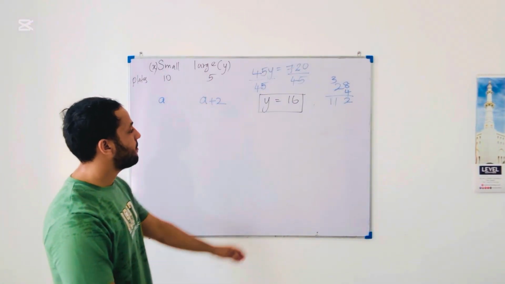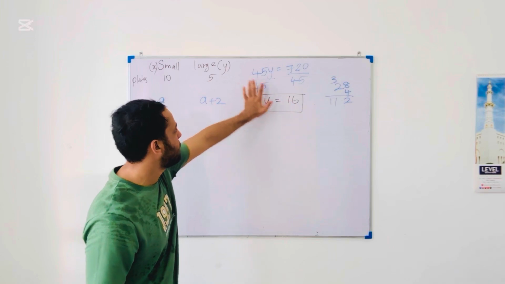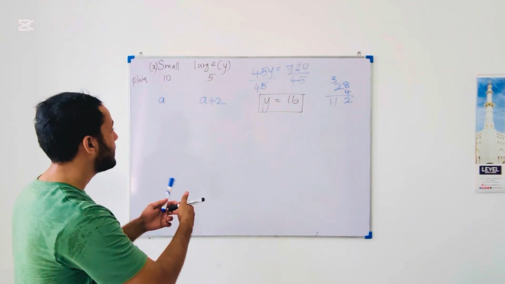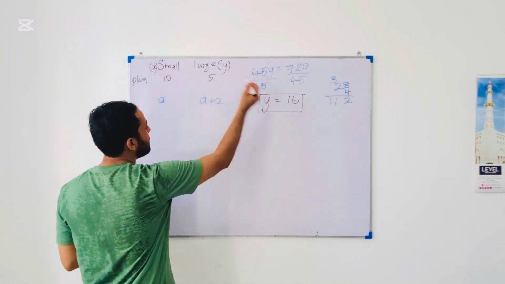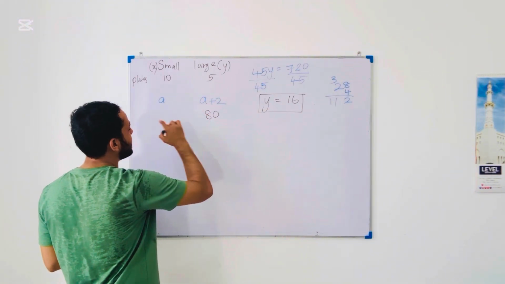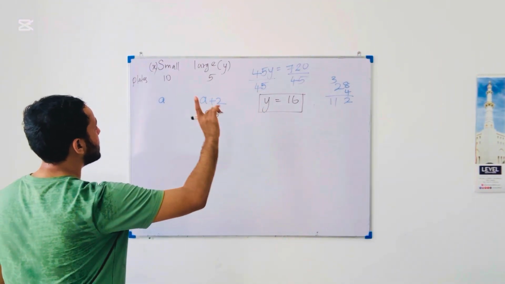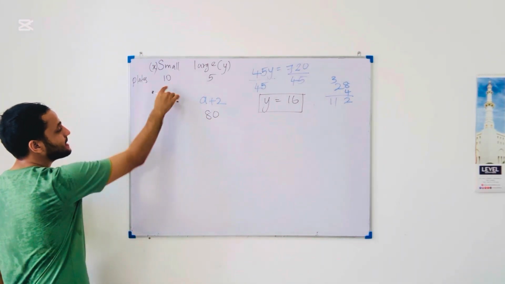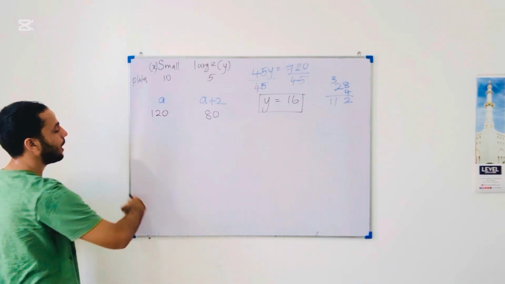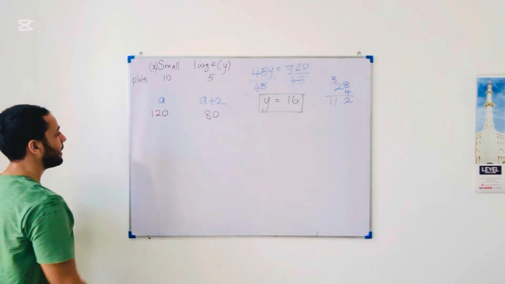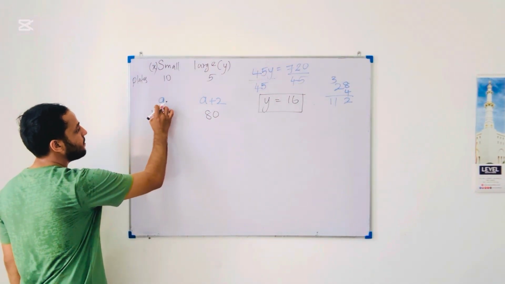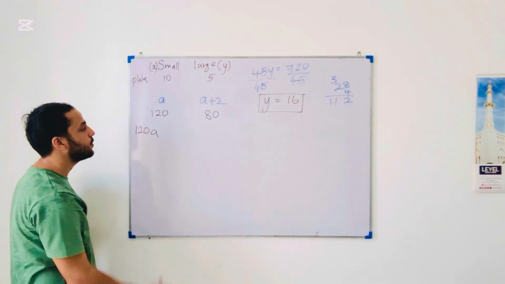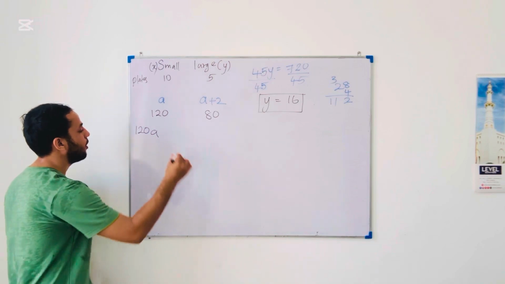Now we found out there are 16 packs of large plates. Each pack has 5 plates. So how many large plates are there? 5 into 16, that is 80 large plates. Similarly, we found out there are 12 packs of small plates. Each pack has 10 plates, so there are a total of 120 small plates. So if one small plate has A sweetmeats, 120 into A gives the number of sweetmeats in the small plates.